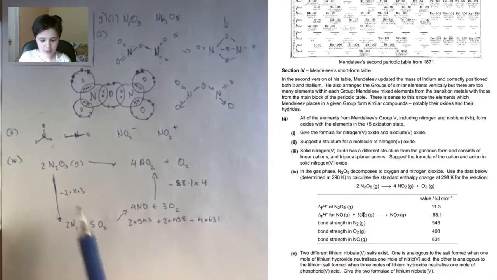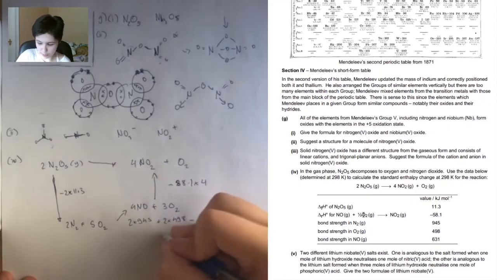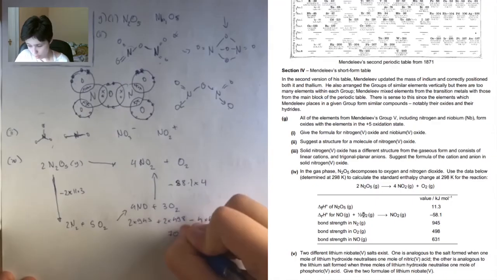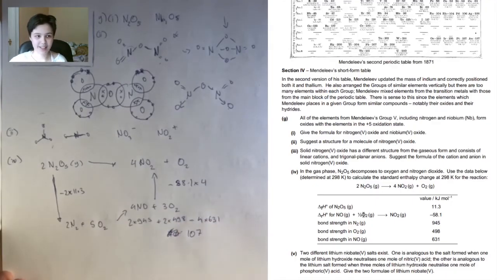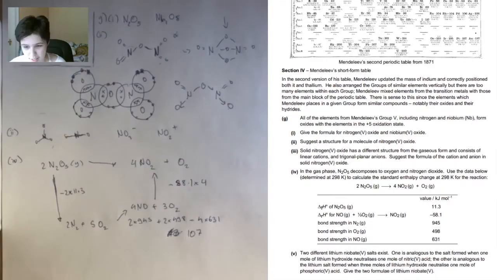If you sum that, so minus 2 times 11.3 plus 2 times 945 plus 2 times 498 minus 4 times 631 minus 58.1 times 4, I think you get 700, and no, you get 100. I'm just looking at the paper next to me, which has answers.